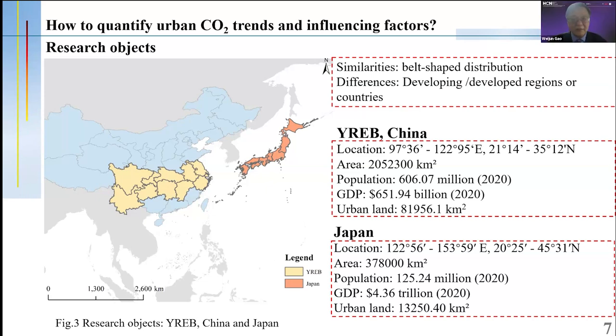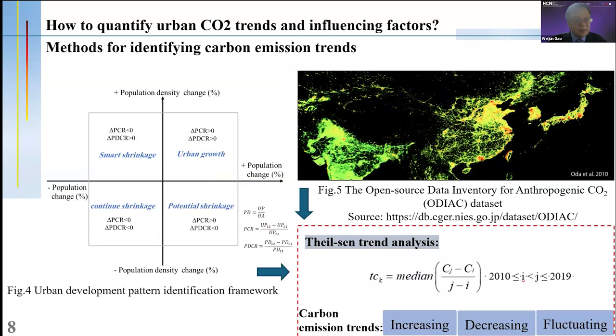First, let me define the methods. The first, I would like to identify the urban development patterns using this figure. The X is the population change, the Y is the population density.